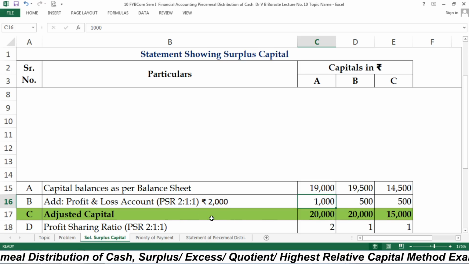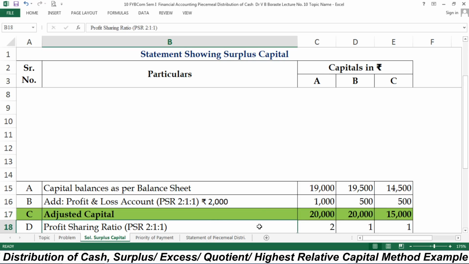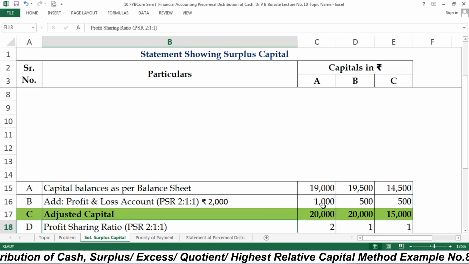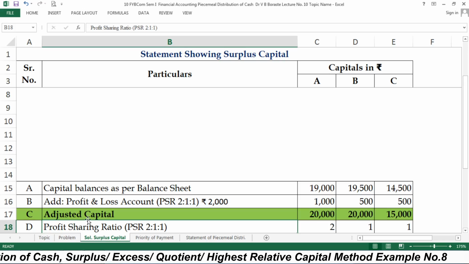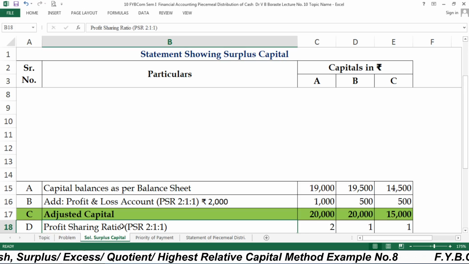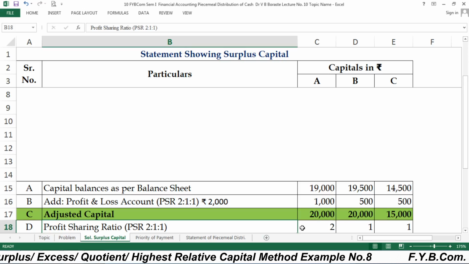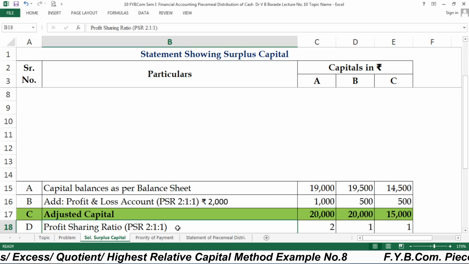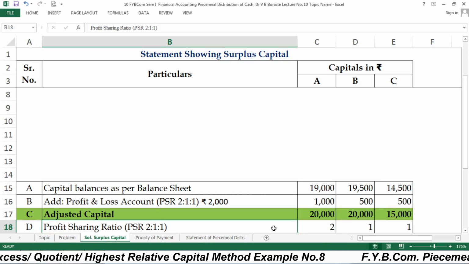So we have to find out the unit capital. What is unit capital? Unit capital is nothing but adjusted capital or original capital, whichever is higher. Here we have adjusted capital. So adjusted capital divided by profit sharing ratio will be the unit capital.